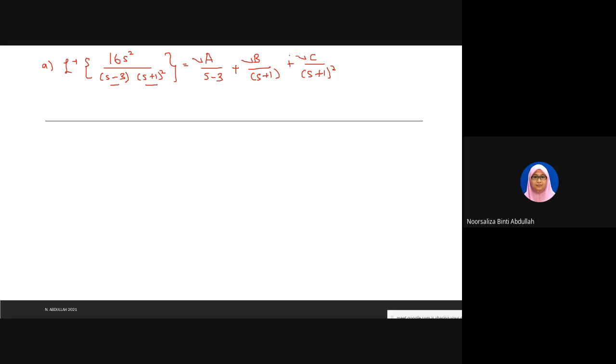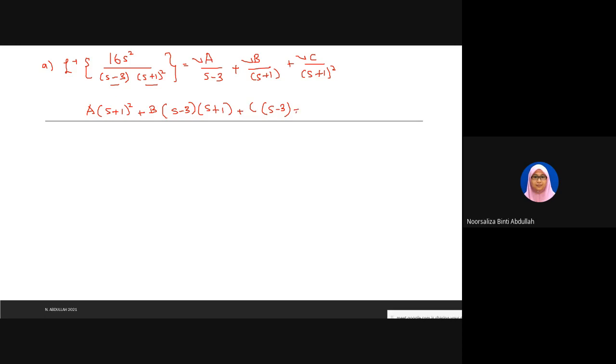Okay. So nak dapatkan ni, this one you have to times with, kena darabkan dengan ni. Okay. So A darabkan dengan S plus 1 square plus B, okay, so B you darabkan dengan S minus 3 S plus 1 plus C you darabkan dengan S minus 3.